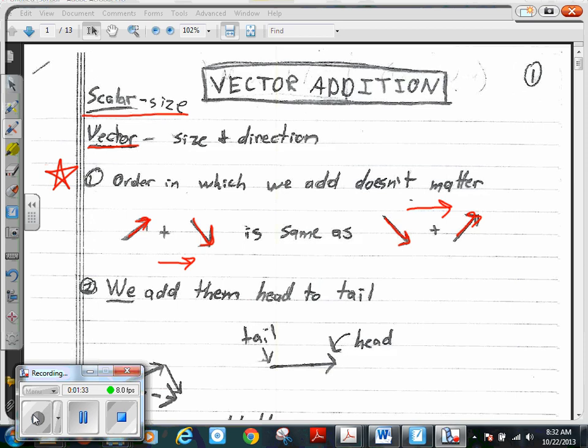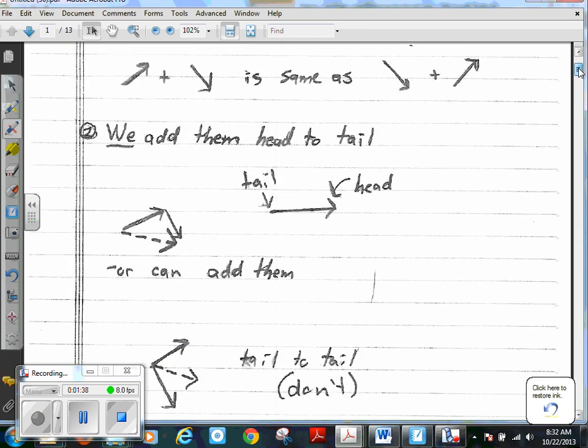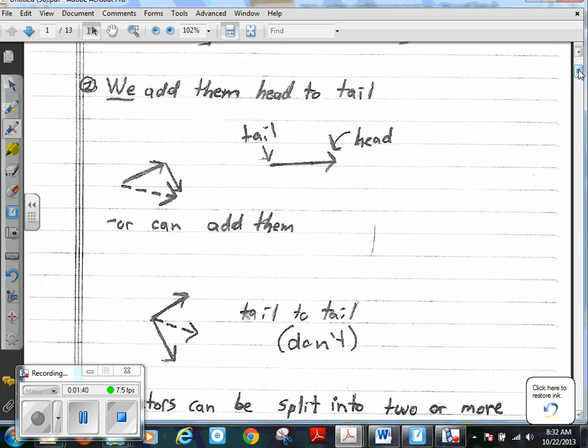Which is fine. Okay. So if you look a little bit further down, and these notes will be on Moodle. I just got them uploaded here. So the way that we add vectors is we add them from head to tail. Okay.